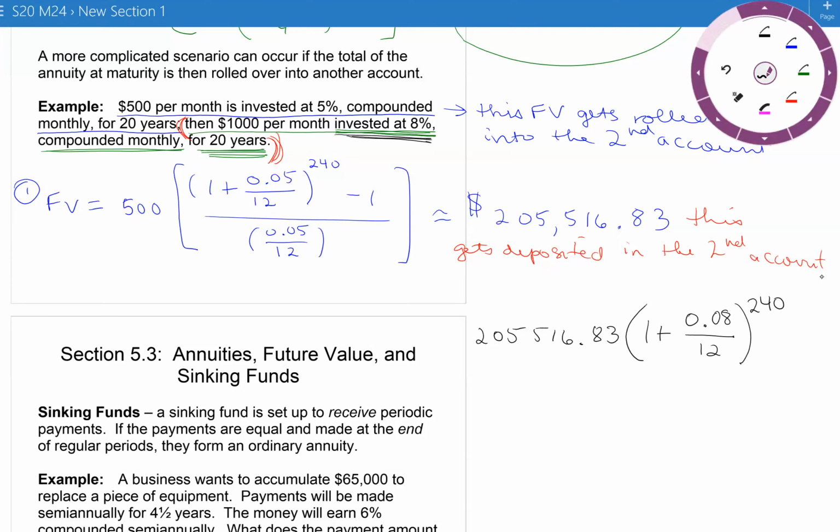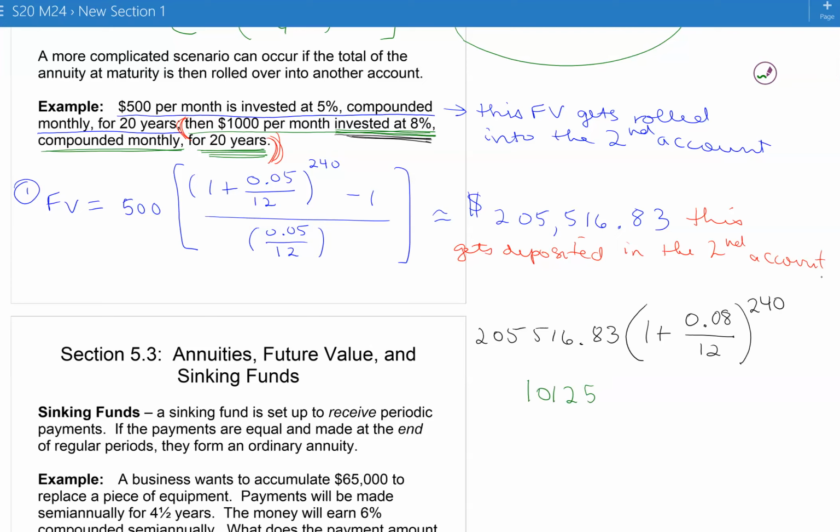So for that amount, I'm getting 1,012,540.91. So that's the amount of the first annuity after it gets put into the second account to sit while the second annuity is being formed.